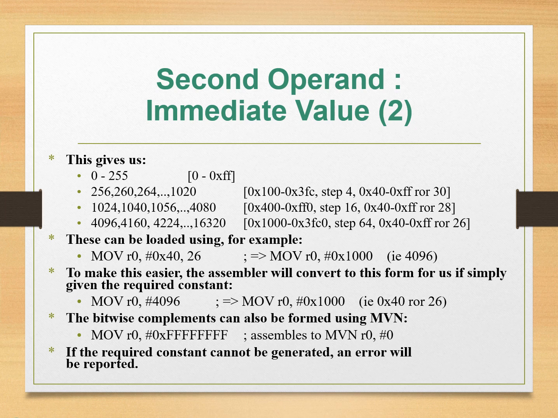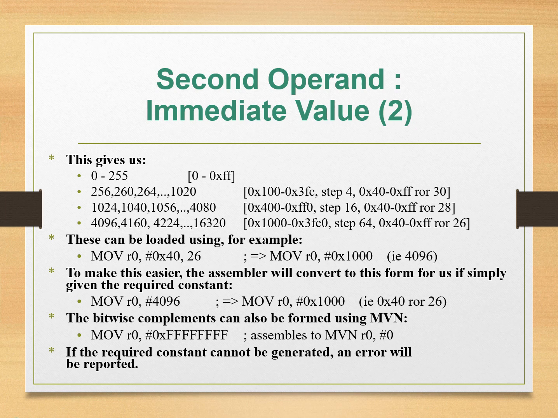If the required constant is one that cannot be generated, then an error will be reported. It will show the error. So if the error occurs, it means that number cannot be used as an immediate number.